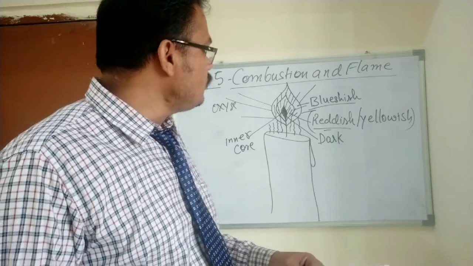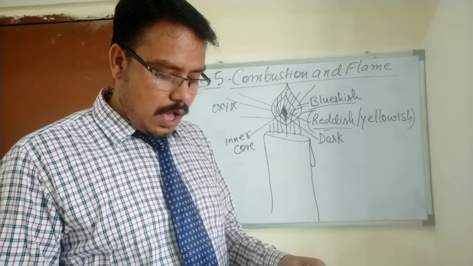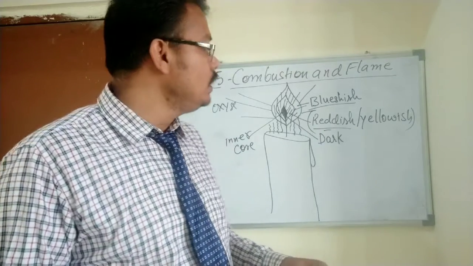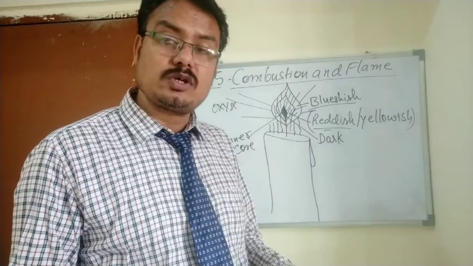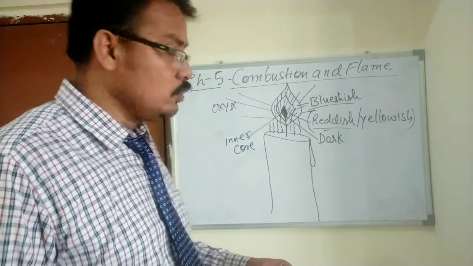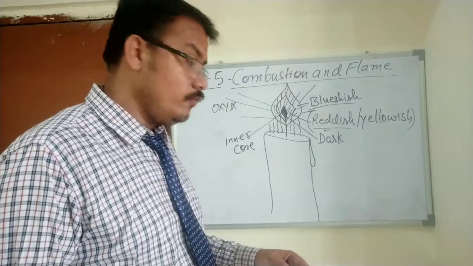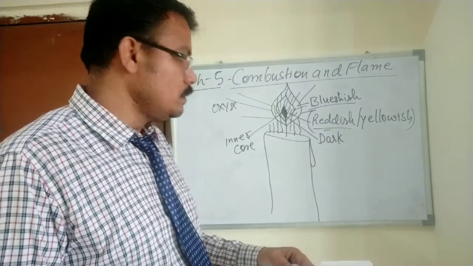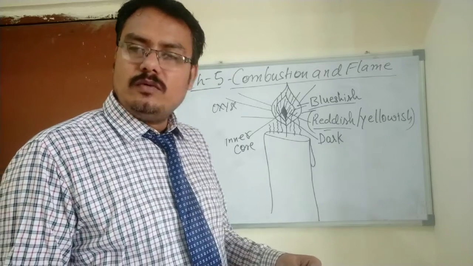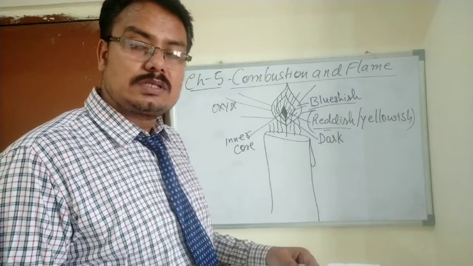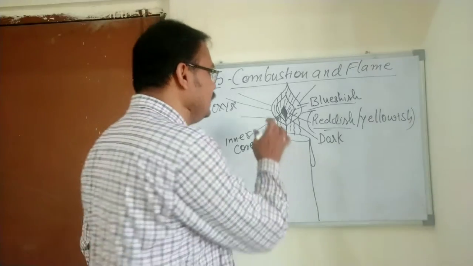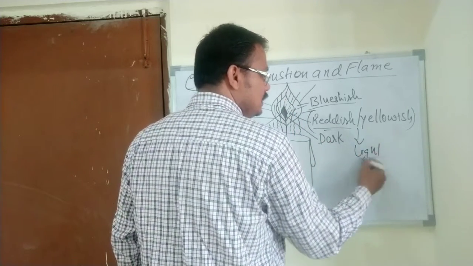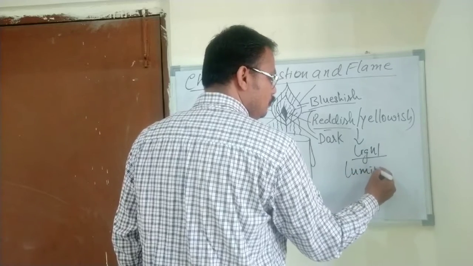That's why the outermost bluish layer is also called the outermost non-luminous zone of complete combustion. The complete combustion is here because it is getting a good oxygen supply, and fuel is also arising in the form of vapor, so the outermost zone is non-luminous. Blue color doesn't emit good light, but yellowish color emits good light, so the middle portion is luminous.